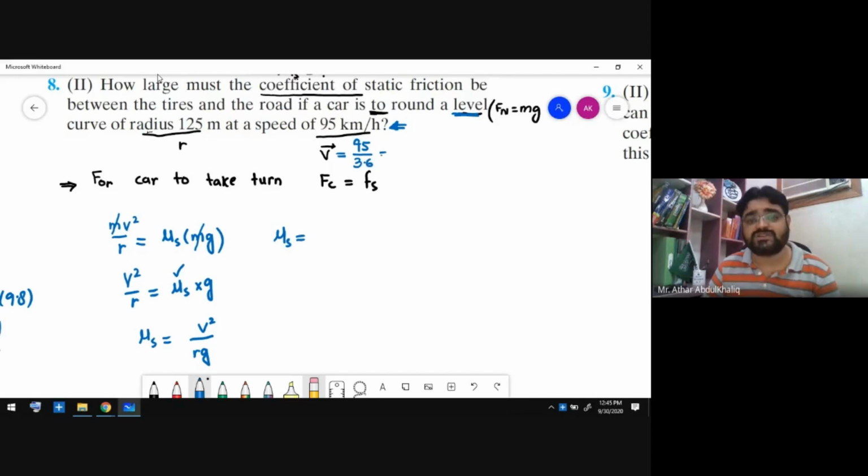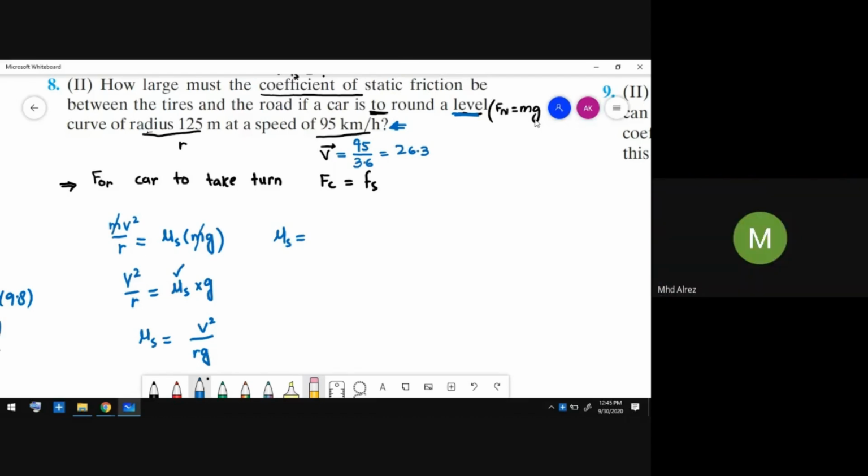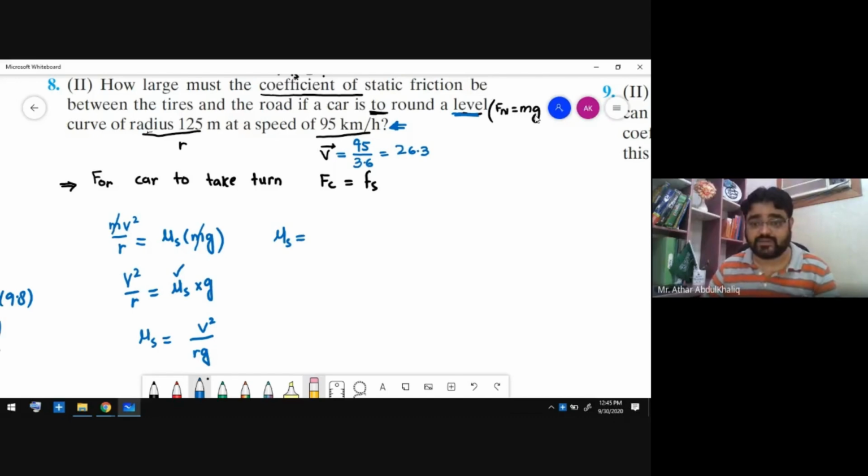It will give you the answer in meters per second. In my opinion, it is 26.38. Yes, 26.38 repeating. So this is meters per second.